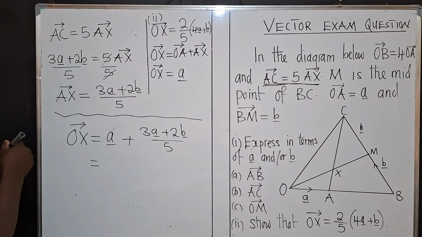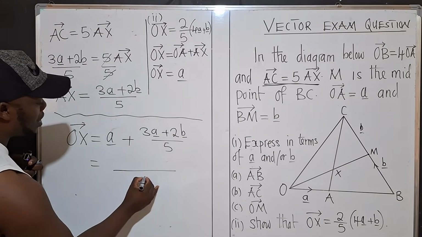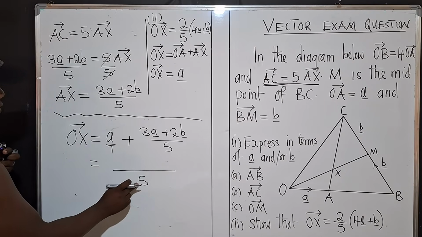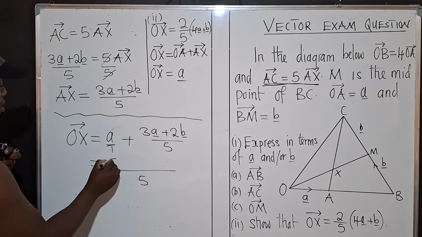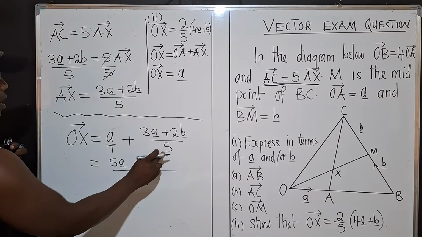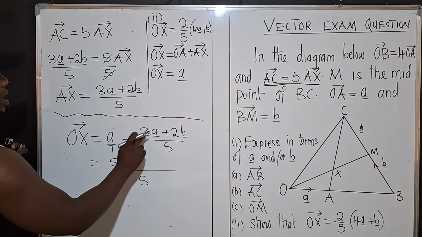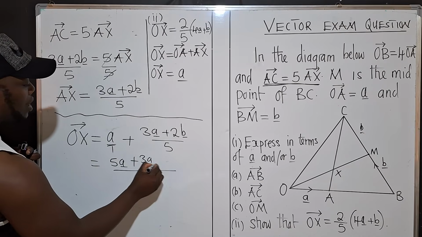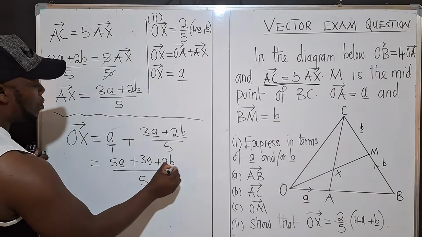So we simplify here. The lowest common denominator is 5. There is a 1 here, so 1 into 5 is 5, and 5 times a is 5a. 5 into 5 is 1, and 1 times 3a plus 2b is 3a plus 2b.